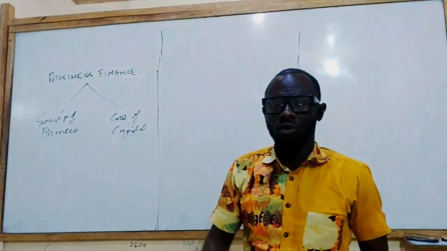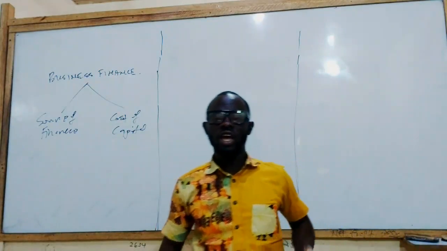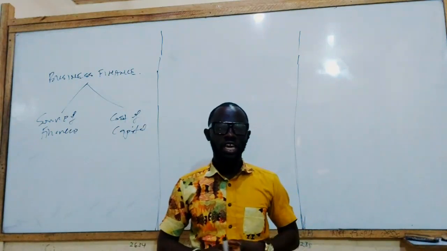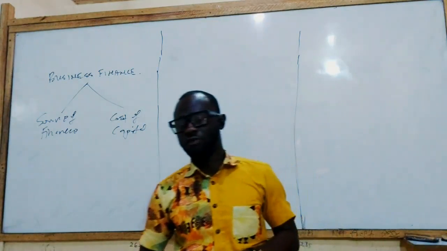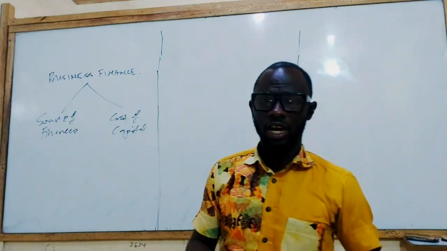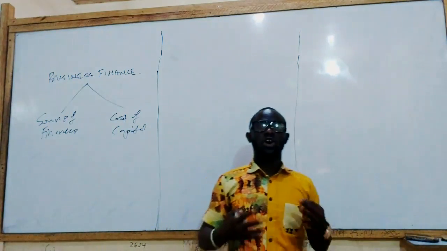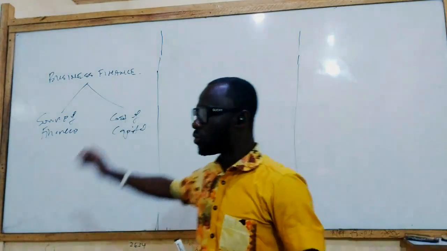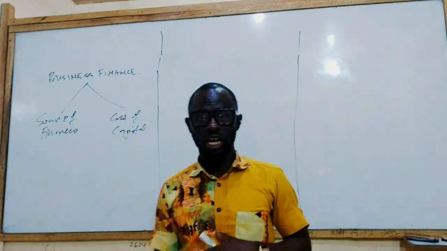And like you know already, when it comes to the financial manager, there are 4 key roles that the CFO plays in the organization, and these 4 key roles are what break down into the various topics that we have in management accounting.